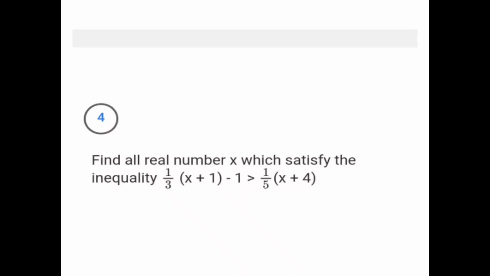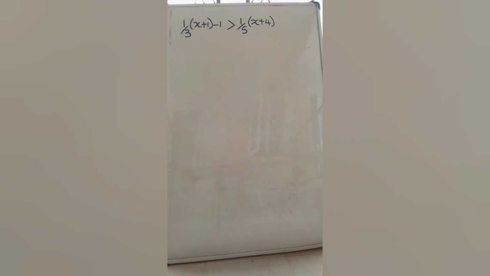Number 4. Find all real numbers x which satisfy the inequality: 1 over 3, open bracket, x plus 1, close bracket, minus 1 is greater than 1 over 5, open bracket, x plus 4. By removing this bracket, 1 over 3x plus 1 over 3.